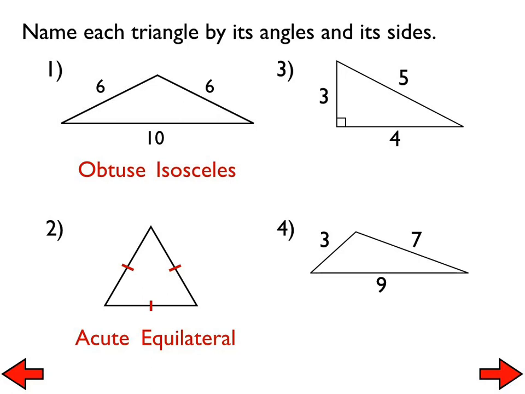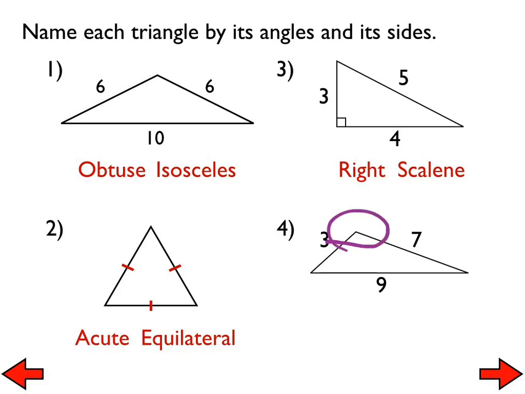When it states to name it by its angles and its sides, you need to have both. Number 3, you can see by the little square in the corner that this is a right triangle, and then by its sides, all 3 of those side lengths are different. Therefore, this is right scalene. And then number 4, we can see by its angles, 2 of them are acute, but much like in number 1, look at this angle right here.